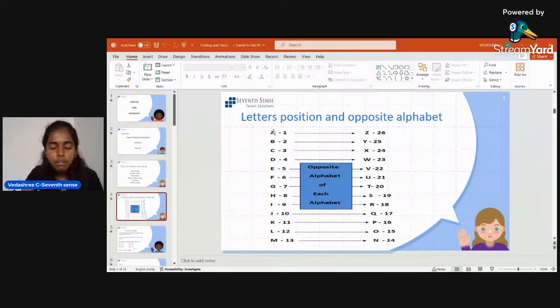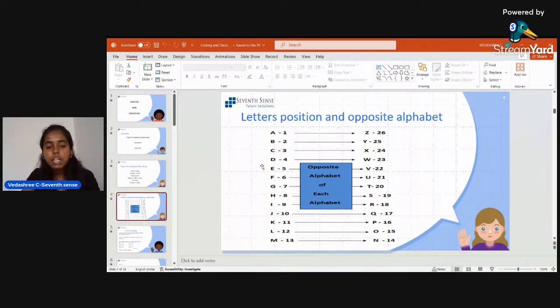Here we just need to write the alphabets A to M and number them, that is 1 to 13. Next, N to Z, and we need to assign the numbers 14 to 26. We also need to know the opposite alphabet of each alphabet.